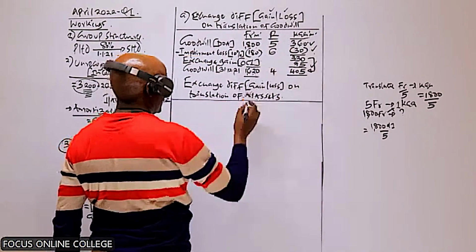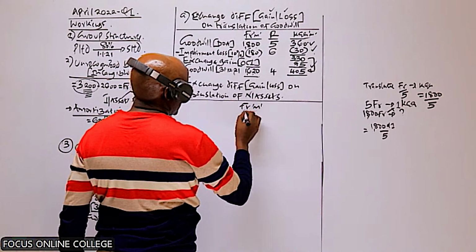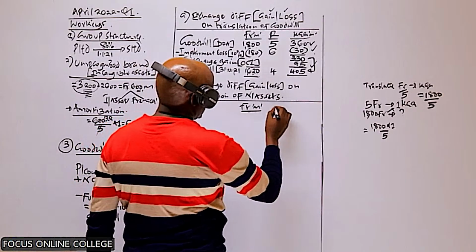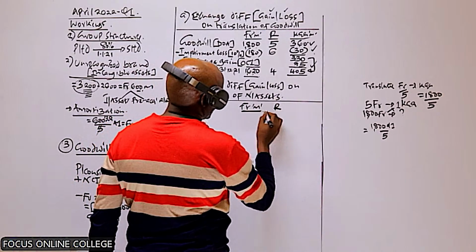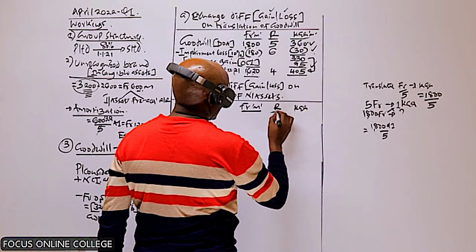So we need to have the same format here: the local currency or the functional currency of the foreign subsidiary, the rate, and the presentation currency, which is Kenyan shillings.